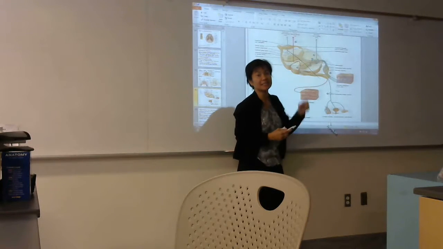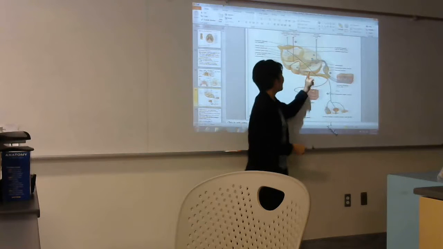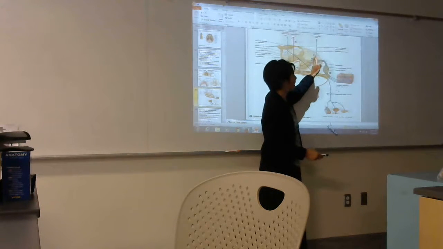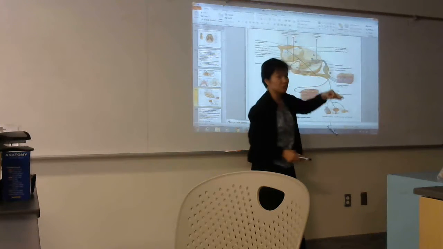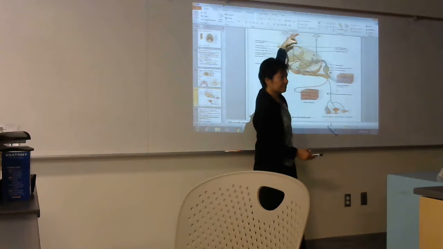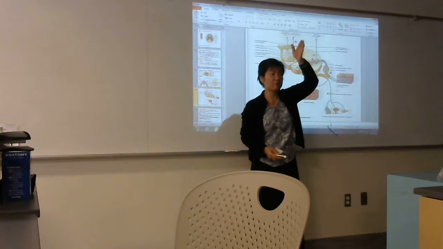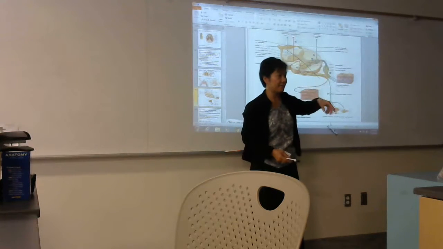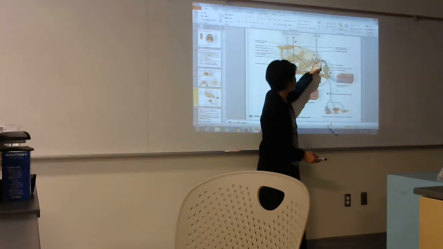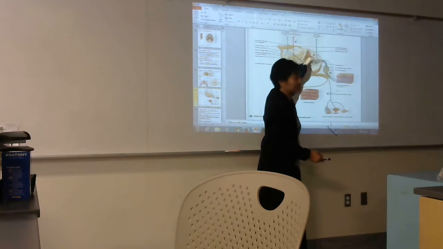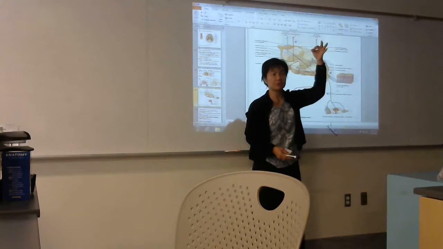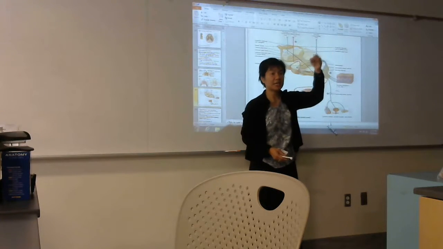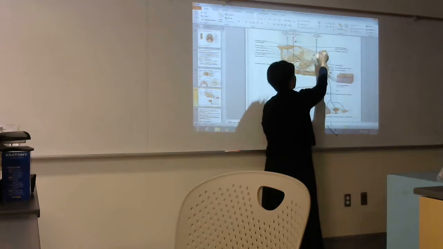So ascending is sensory. When they ascend, they carry specific information. So they comprise what you call tracks. Just like in the highway, you have the slowpoke, the middle lane, and then the fast lane, right? So this one, they occupy specific tracks. Every track carries a specific stimulus. So let's say you're a pain stimulus, it will go up here. Crude touch up here.